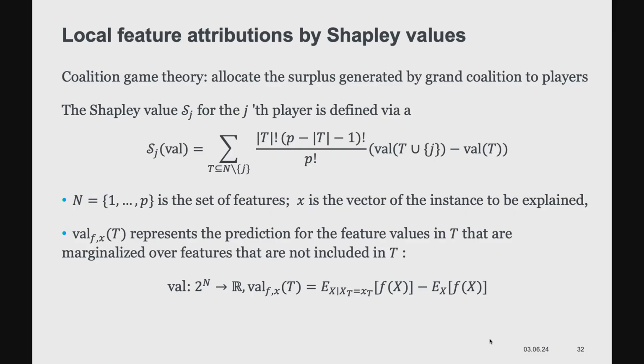Here I have to say that this value is based on a value function. And a value function is something which is very hard to do for soccer players actually, but much easier for other mathematical constructs. You take a subset of all features and you map it into the reals.